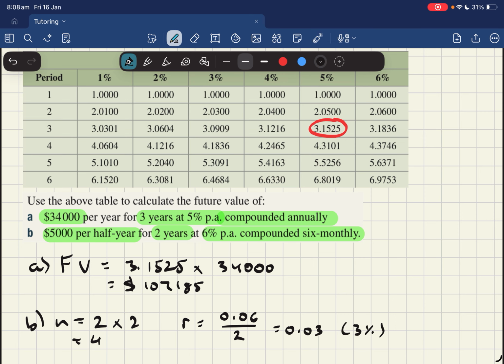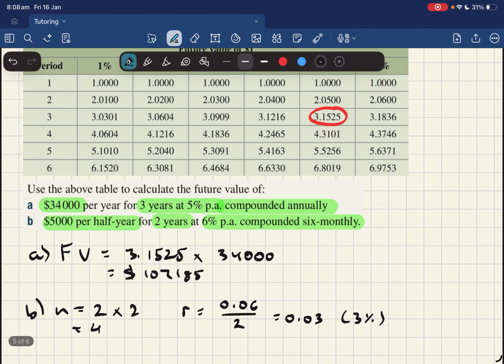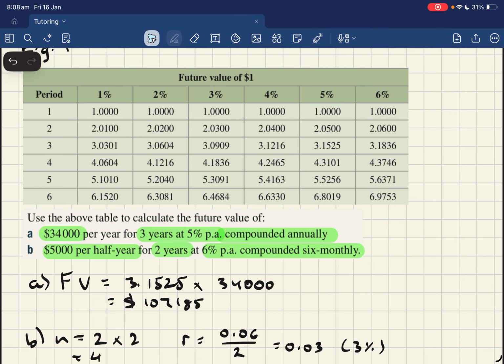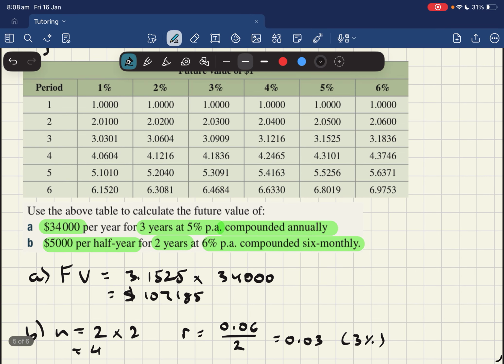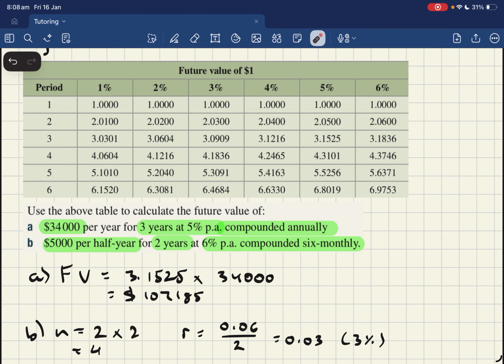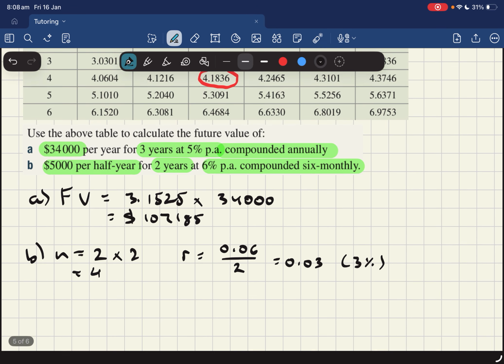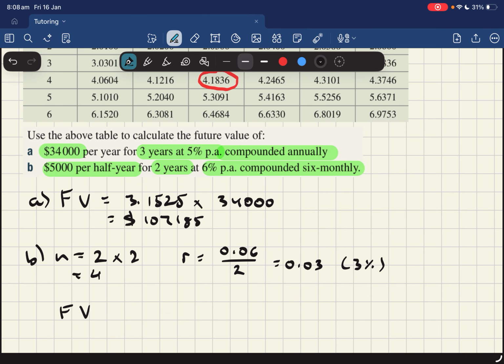Okay, now, once we've done that, we can calculate the intersection on our table. So let's just rub this one out so it avoids confusion. We have 4, we're looking at the period of 4 intersecting with 3%. So this is our value here. So your intersection is 4.1836. So your future value is going to be your intersection 4.1836 multiplied by 5,000.